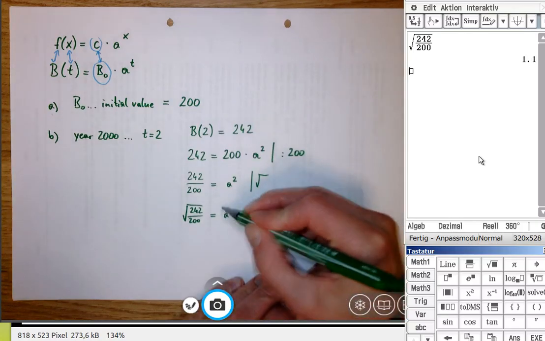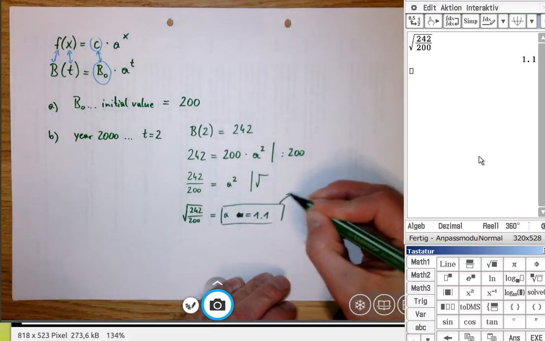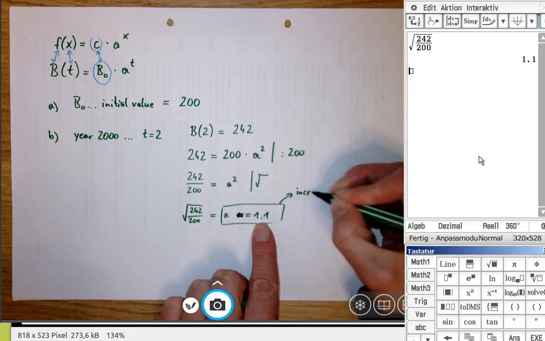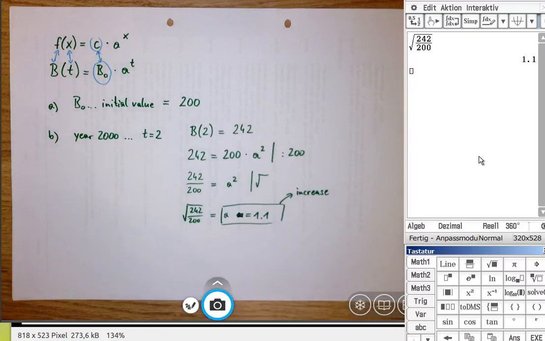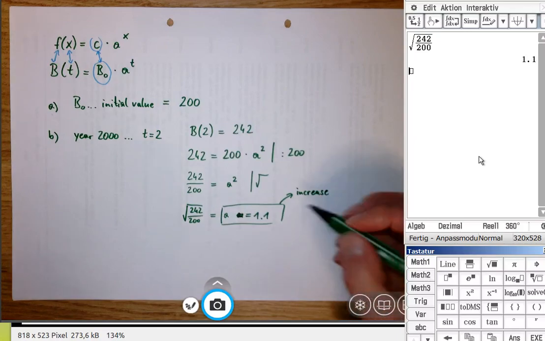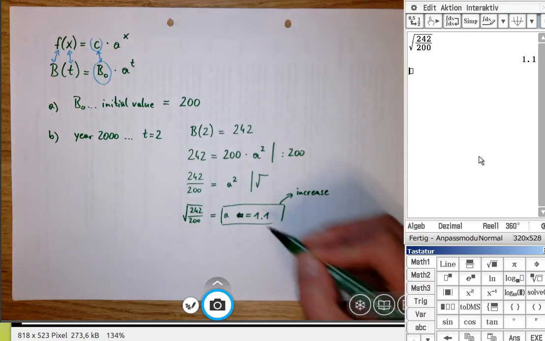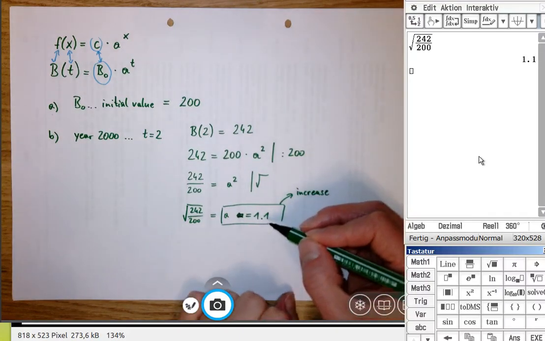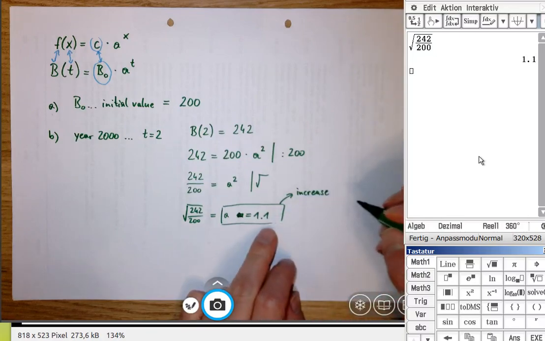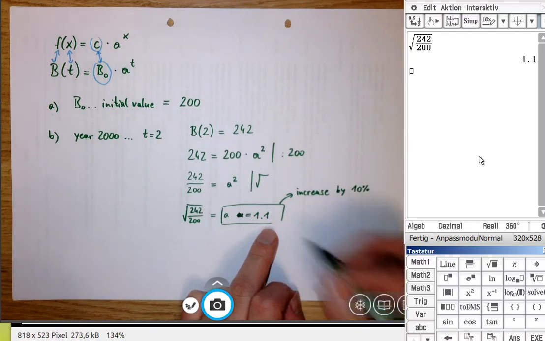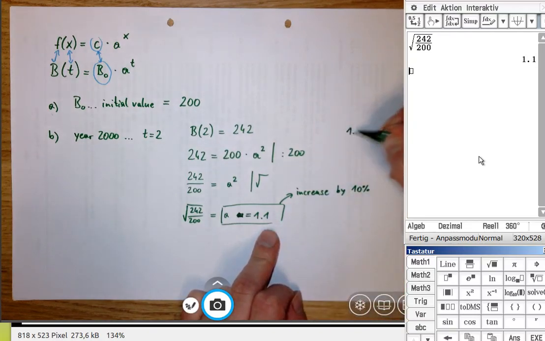If we have a equals 1.1, then it means that we have an increase because it's greater than 1. Okay, we already knew that the population was increasing, but now we have this number for it. If the reproduction factor is 1.1, then it means it is an increase by 10%, because you remember that if it's 1.1, then it's 10% increase.